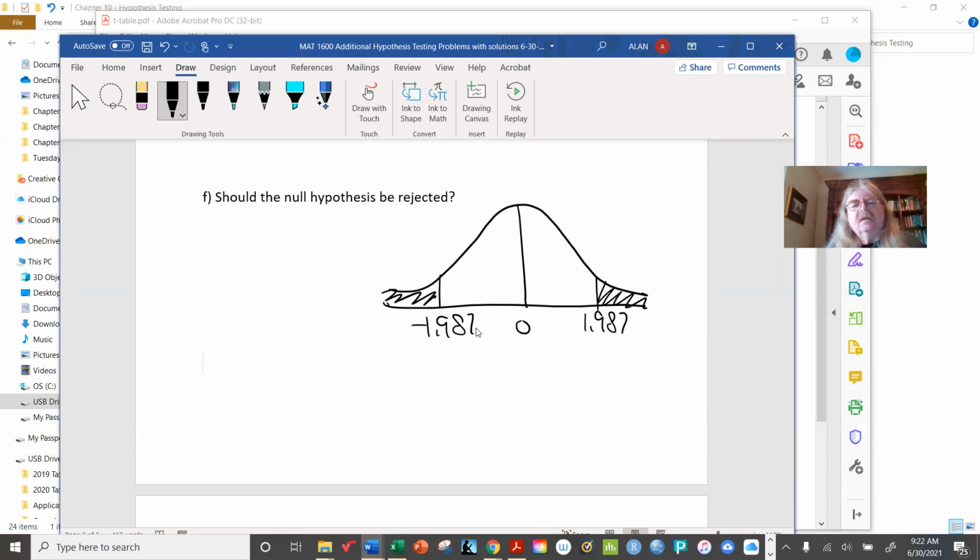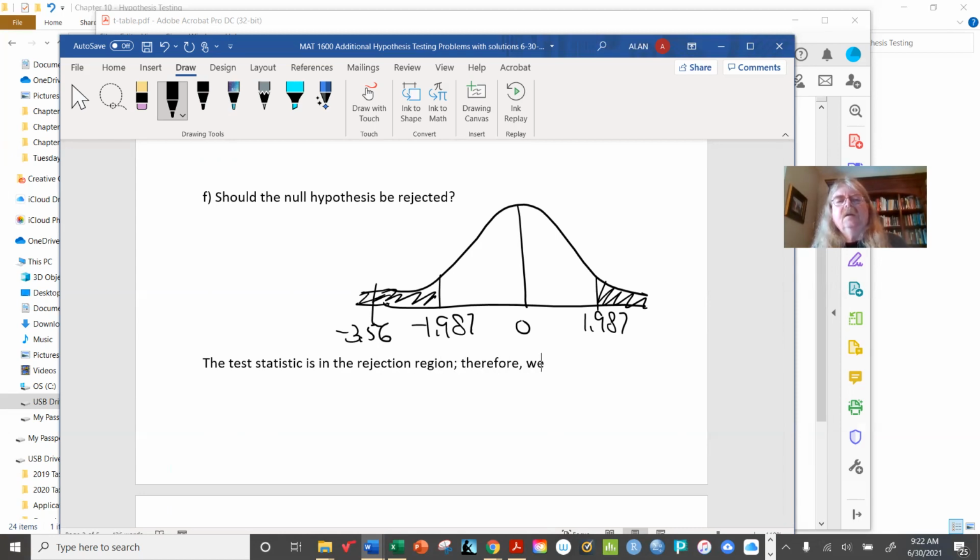And so with the test statistic of negative 3.56, the test statistic is in the rejection region. Therefore, we reject the null hypothesis.